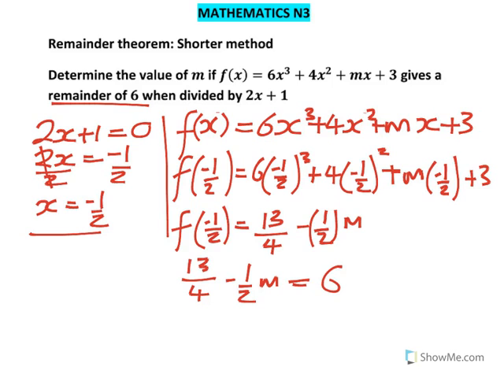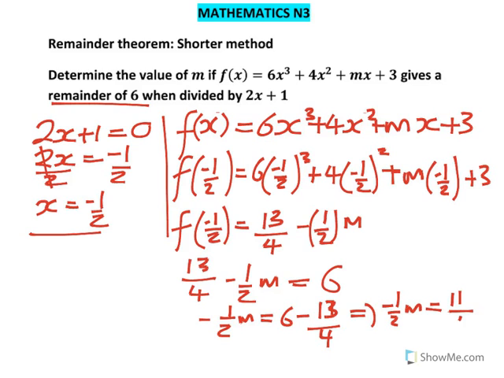Then the next thing is for you to solve for m, whereby you're going to have negative 1 over 2 m is equal to 6 minus 13 over 4. Therefore, minus half m is equal to 6 minus 13 over 4, which is 11 over 4.